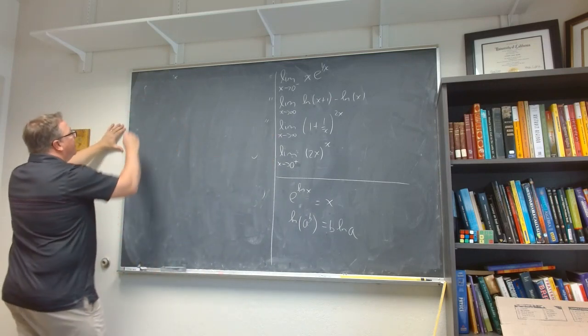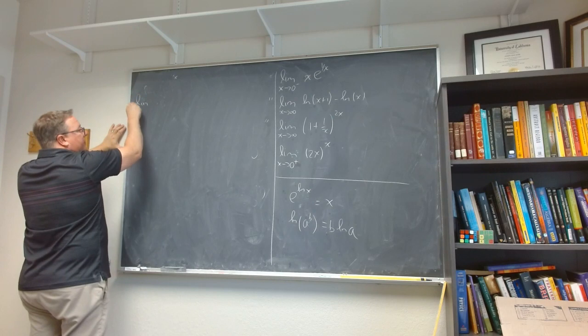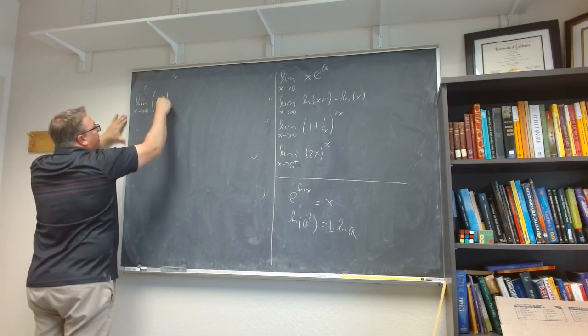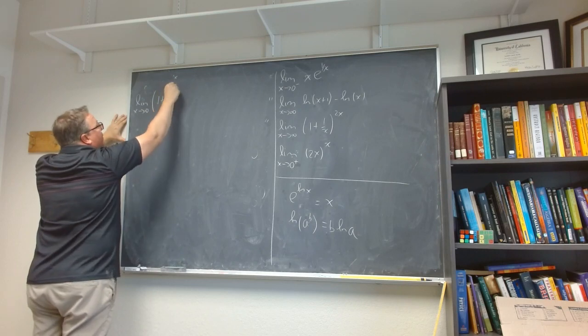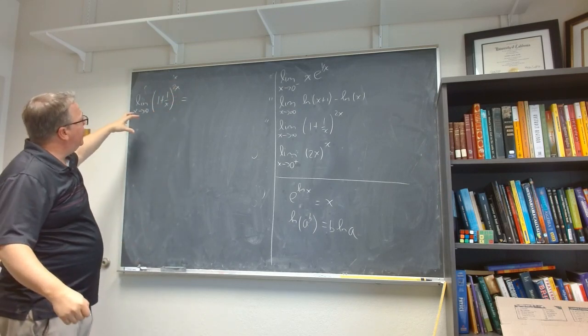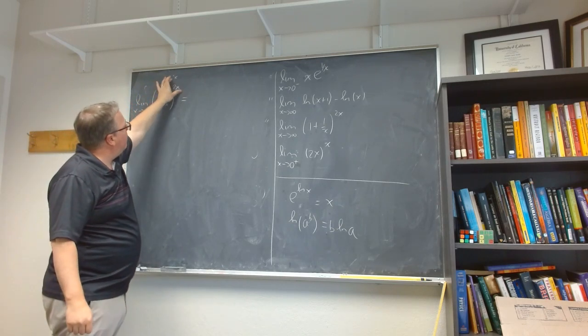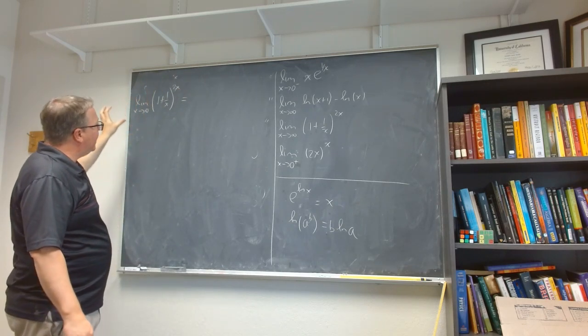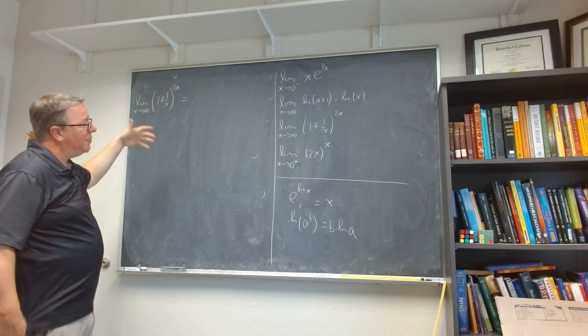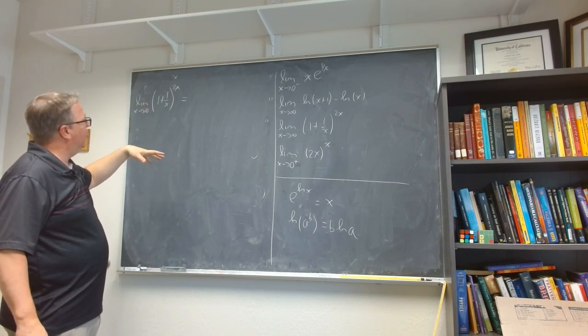So let's start with the first one. Let's look at the limit as x goes to infinity of 1 plus 1 over x to the 2x. The issue here is this power needs to come down so that we can actually look at our expression and try to do something that involves L'Hopital's rule.